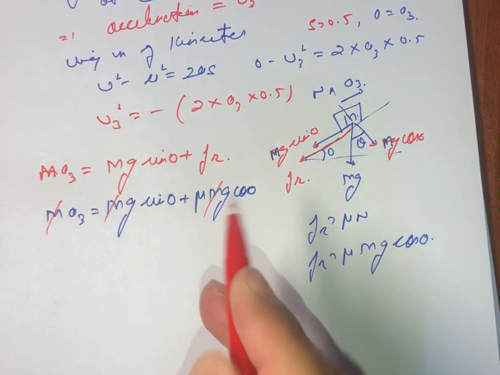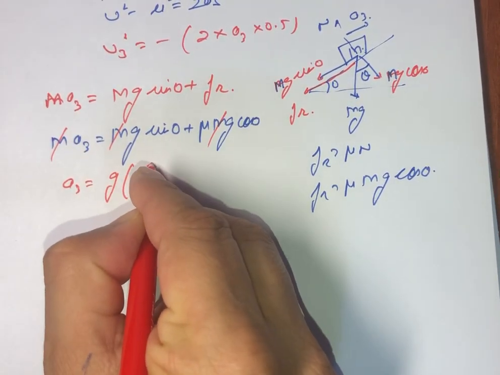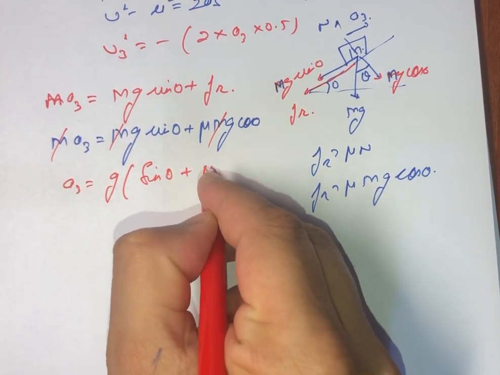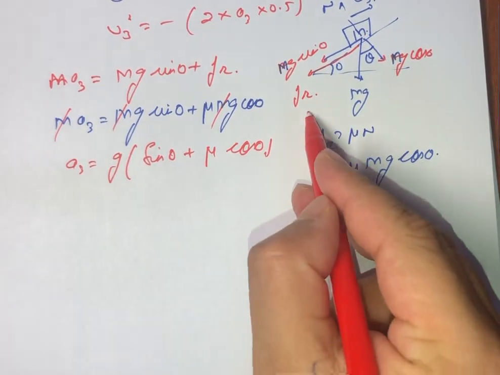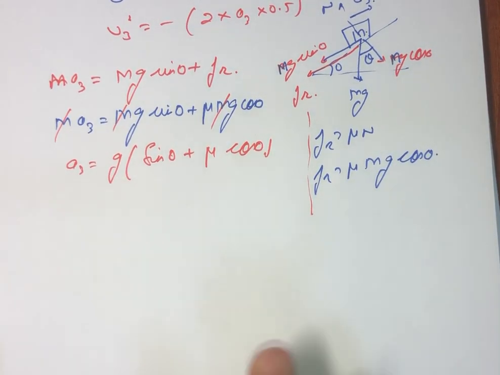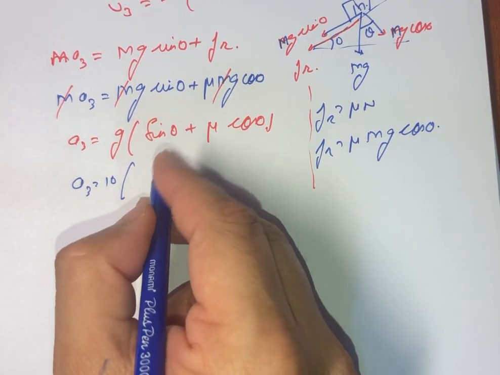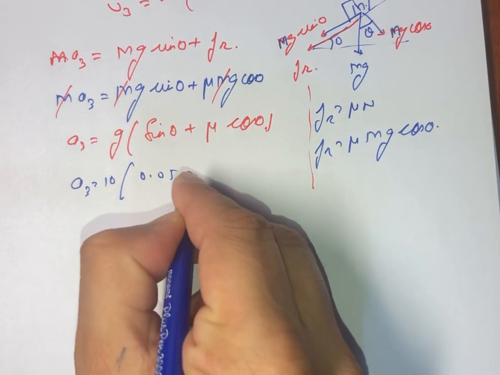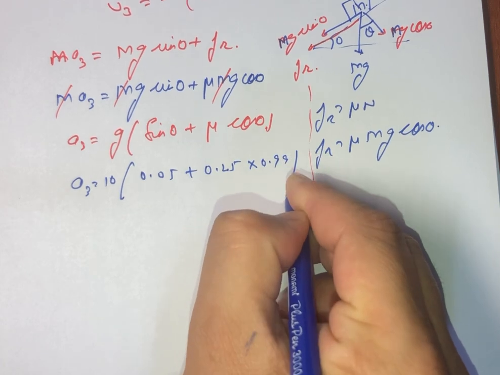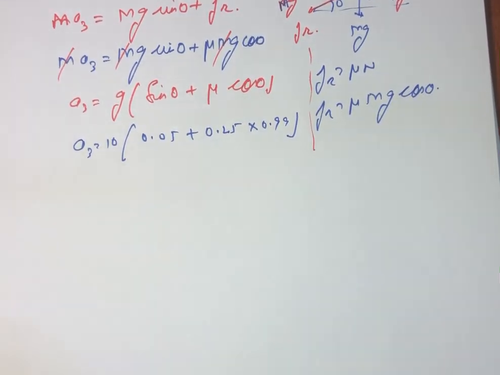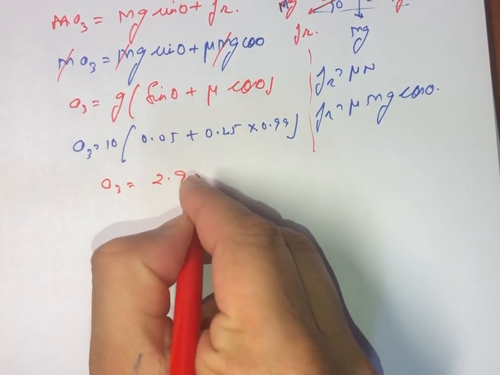M cancels out throughout, so we get A3 is equal to g, which is common, times sine theta plus mu cos theta. We substitute the value, we get A3 is equal to 10, sine theta is given as 0.05, mu is 0.525 rather, cos theta is 0.99. So once again we get A3 is equal to 2.99.